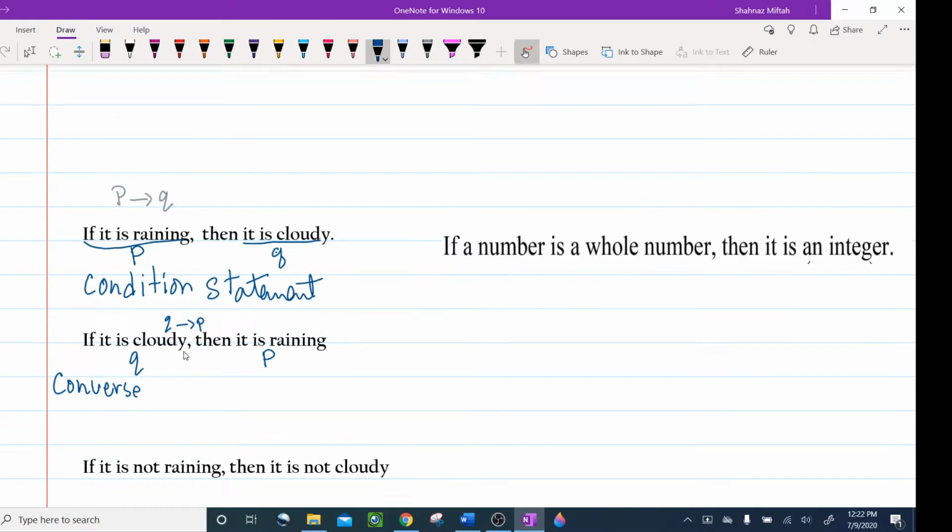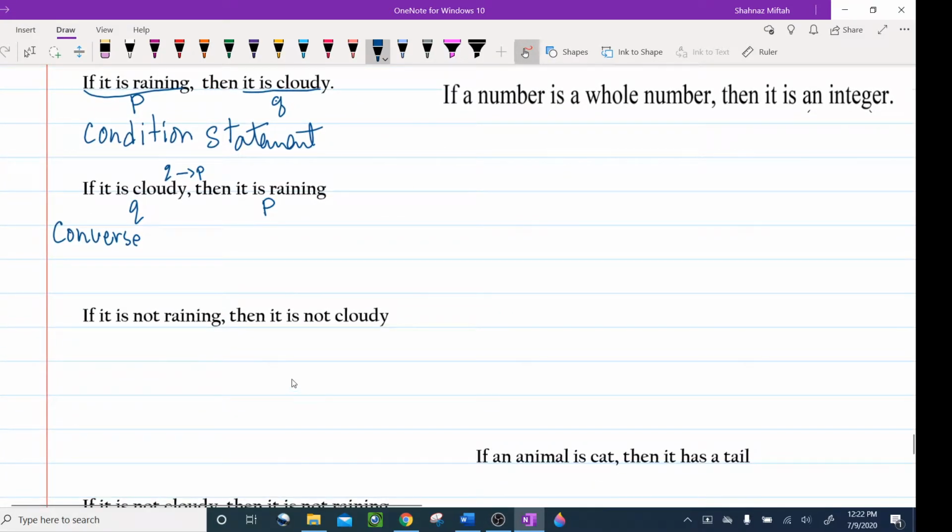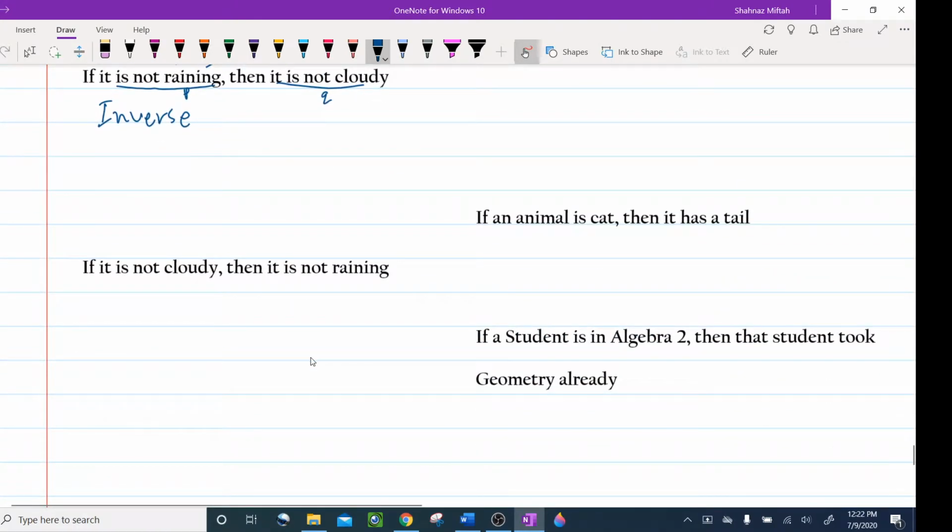Next, if it is not raining, then it is not cloudy, that's inverse. You can check, I did not switch the P and Q, but I have the not with it: if not P, then not Q. Okay, let's do the next one.